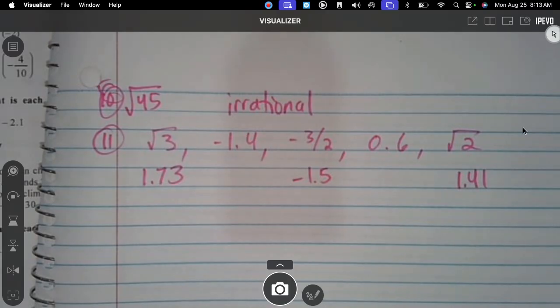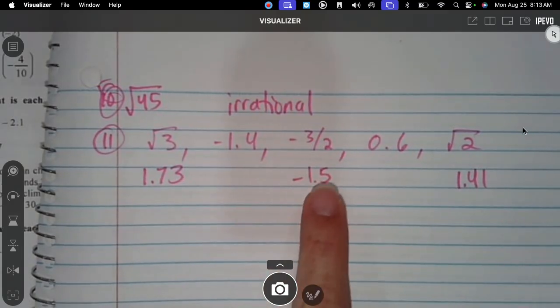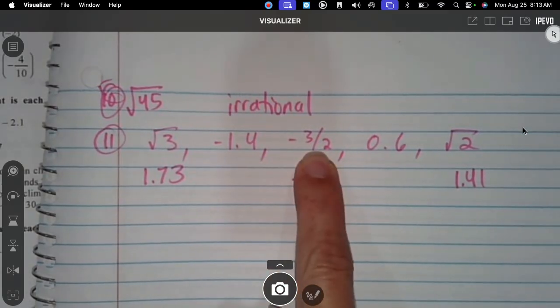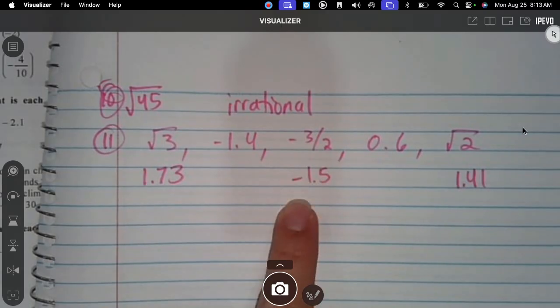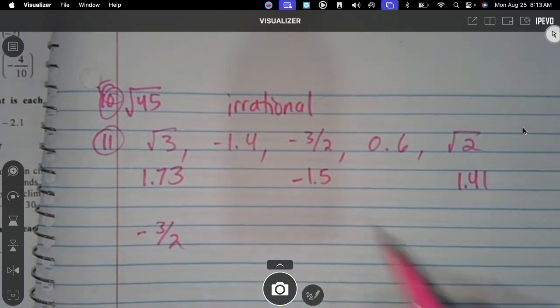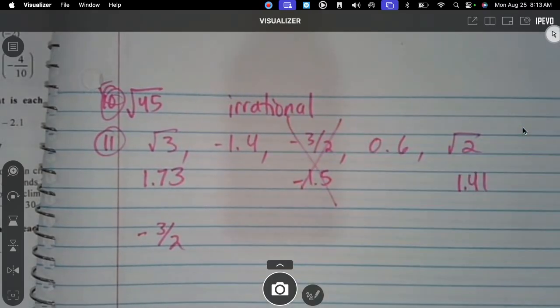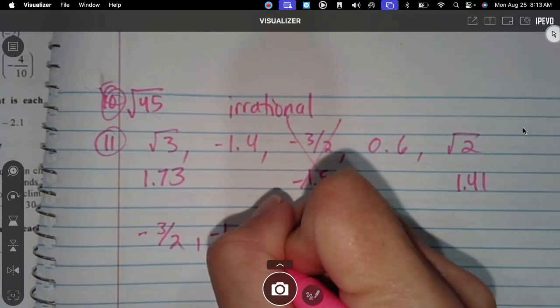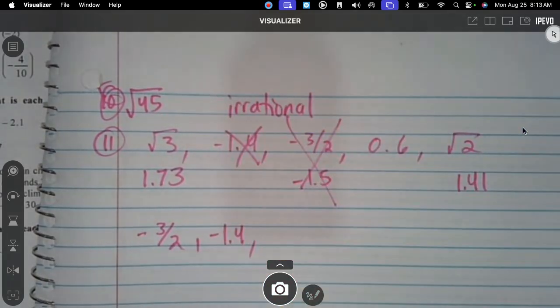Which one of those is the smallest? Negative 1.5. You can either write this down, or you can write negative 3 halves. I won't care. Okay, I'll look for both of them. So negative 3 halves comes first. All right, I'll mark that one out. Which one would come next? Negative 1.4. Okay, I'm done with that one. Now, which one's the next smallest?